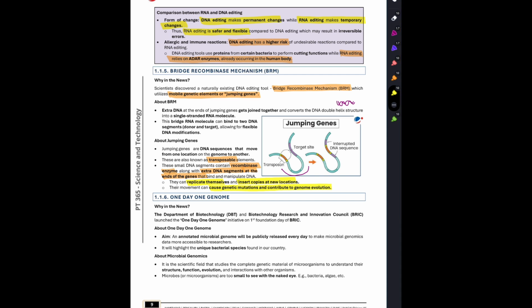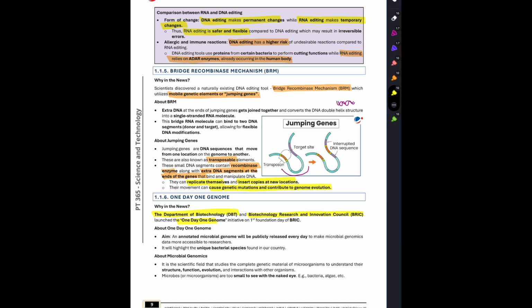One Day, One Genome. The Department of Biotechnology and the Biotechnology Research and Innovation Council (BRIC) launched the One Day, One Genome initiative on the first foundation day of BRIC. The aim is that an annotated microbial genome will be publicly released every day to make microbial genomics data more accessible to researchers.